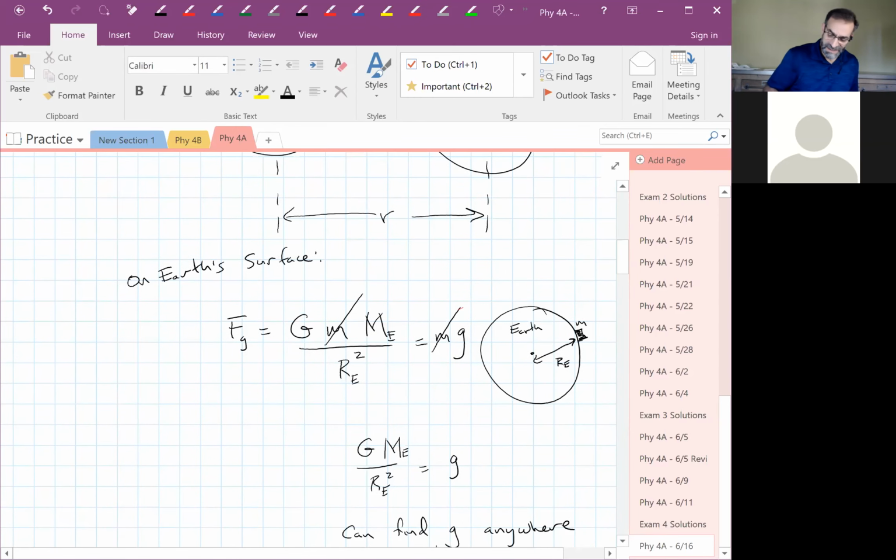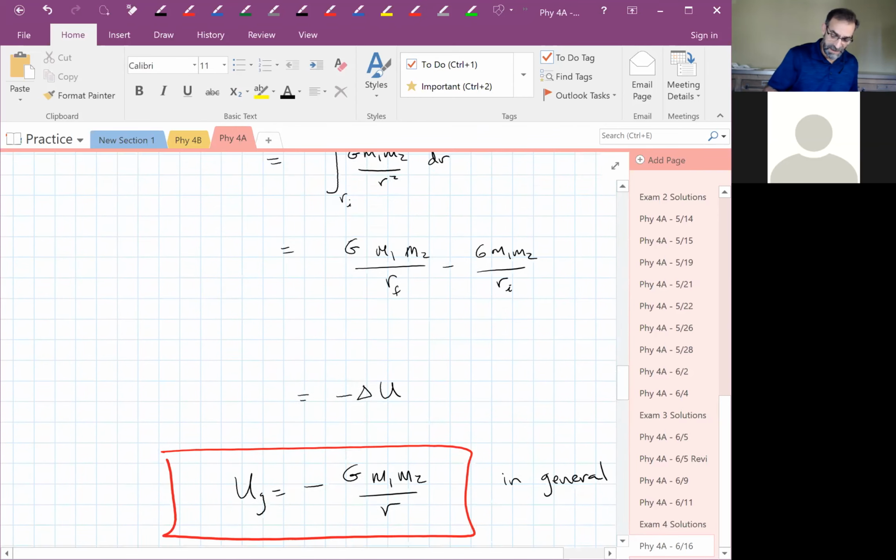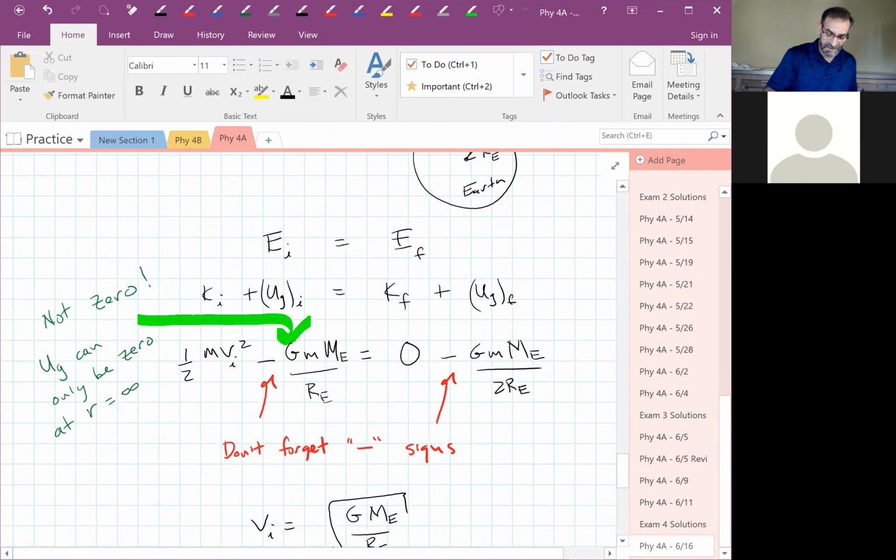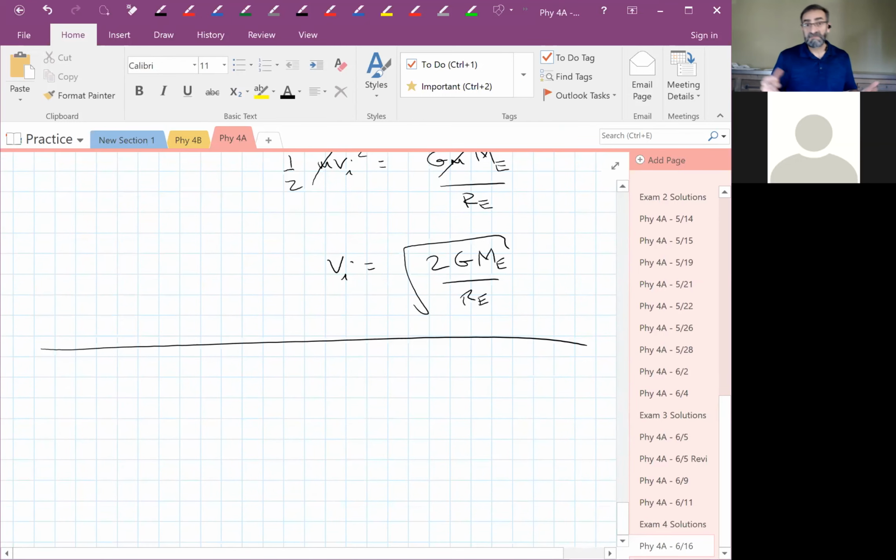Einstein said, no, that's not the way it works. Even a massless object like light moving through space near a massive object like a star gets deflected because of gravity.